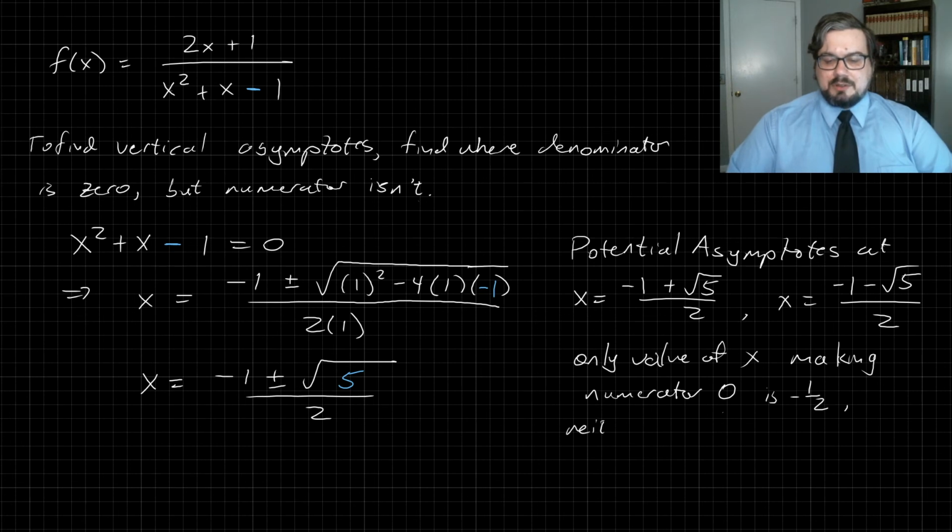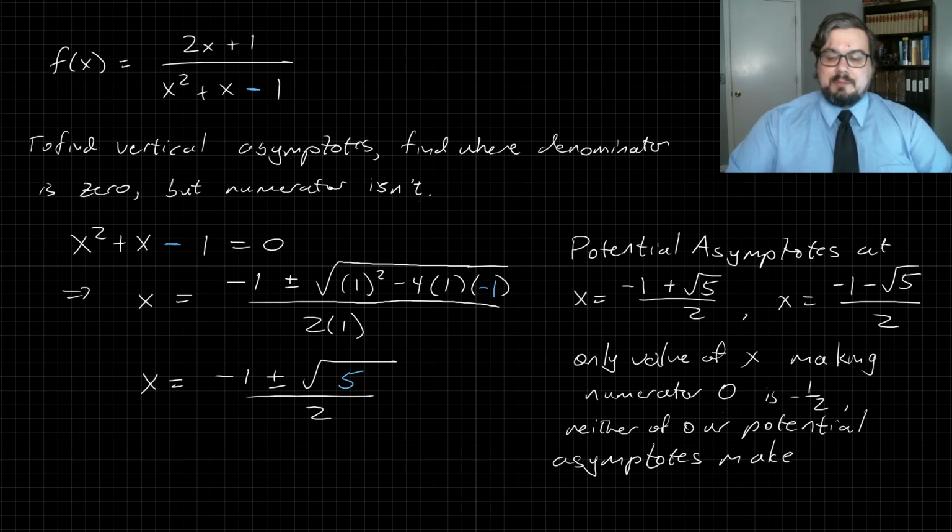And so neither of our potential asymptotes are equal to negative 1/2, and so neither of them make the numerator 0. So they are asymptotes.